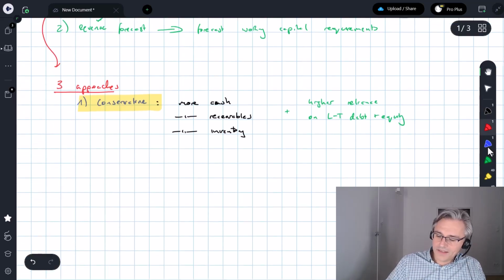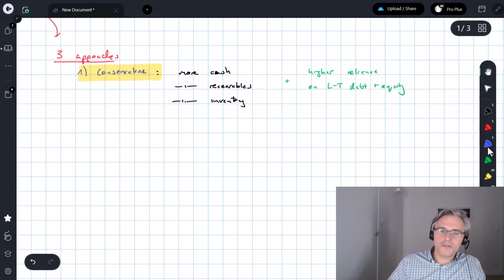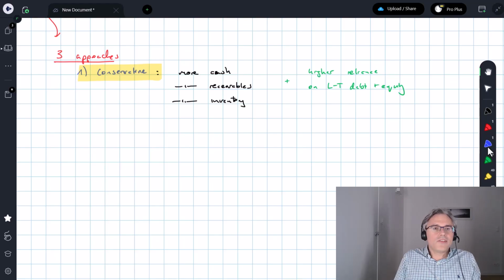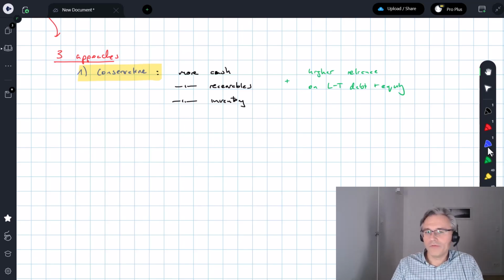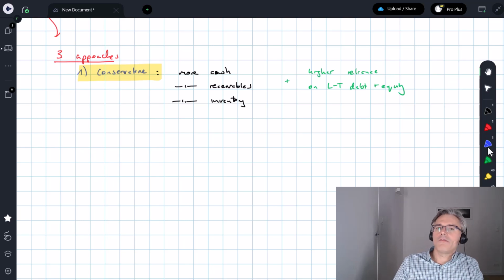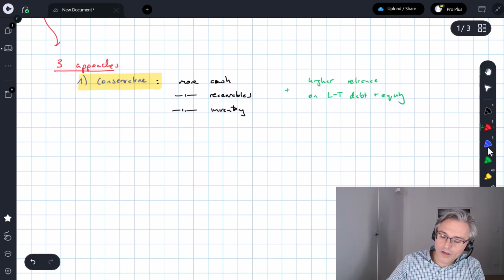And this is the stable type of funding which you will not have to all of a sudden repay just because somebody doesn't roll over or prolong your short-term borrowing. I mean, equity is a permanent source of funding. So this really is conservative, because typically you would fund your working capital investments into inventory, into receivables with short-term funding. Here we go against that and prefer to be quite conservative in our approach.